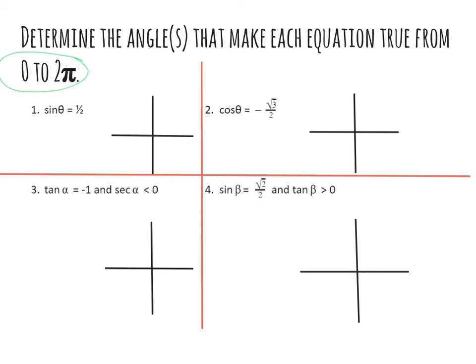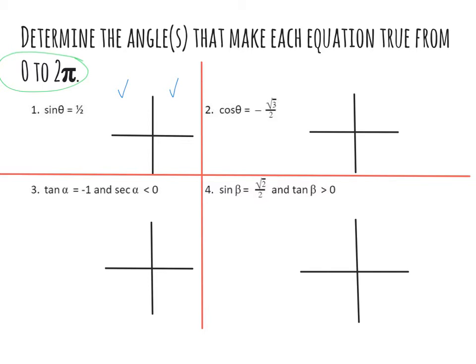When I look at any sine function that gives me an output of a positive value, I think about the fact that the sine represents the y coordinates on the unit circle. So because this 1/2 is positive, I need to know where the y values are positive, and that's going to occur in the first and second quadrants. So my possible answers will show up in those two quadrants only.